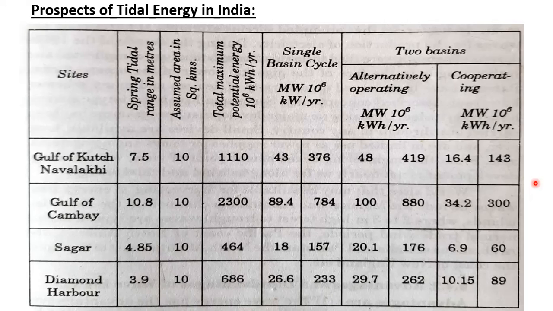See, if you look at the table, we are getting 10.8, the highest range of tide, and it is attractive for tidal plants. We can undoubtedly situate a tidal power plant there for power generation.